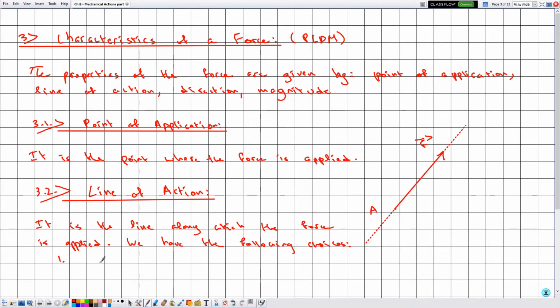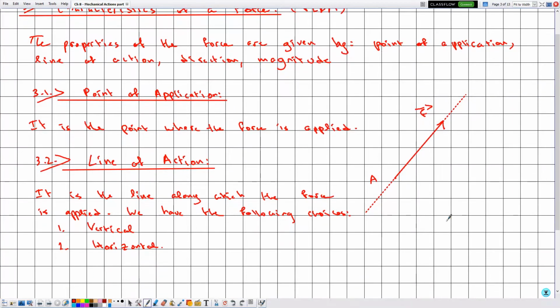Choice number 1 is the vertical. Choice number 2 is the horizontal. And the final choice is given by oblique along a straight line.